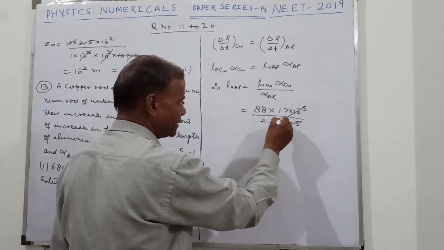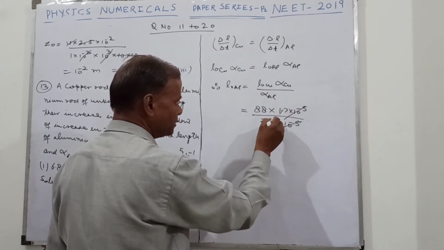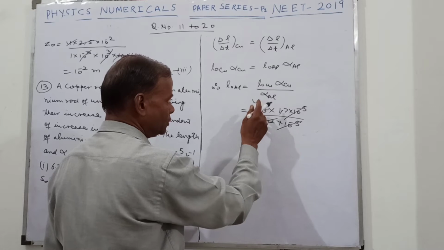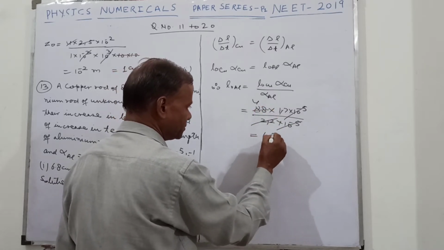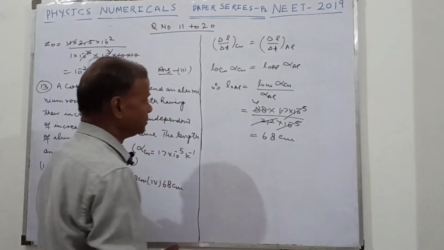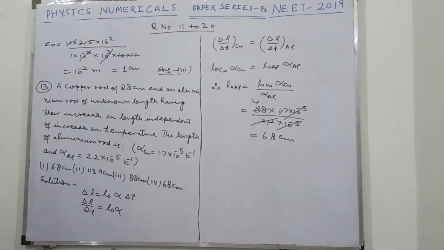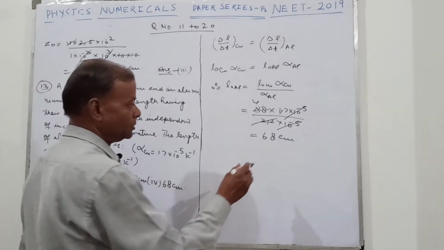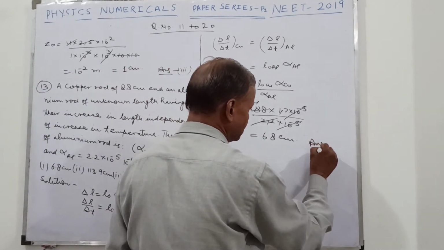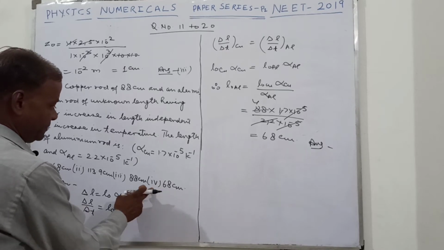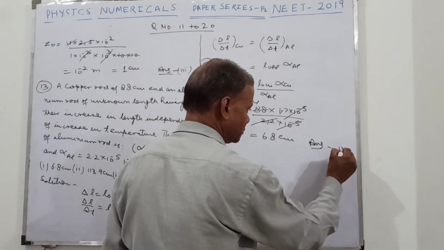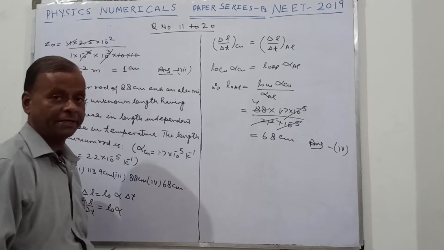To solve, this will cancel, the point will cancel, this will cancel by 4. So this 4 into 17, this is 68. So the initial length of the aluminum is 68. So our answer must be what? Now see the choice 68 centimeter, this is the fourth. So the fourth option is correct.